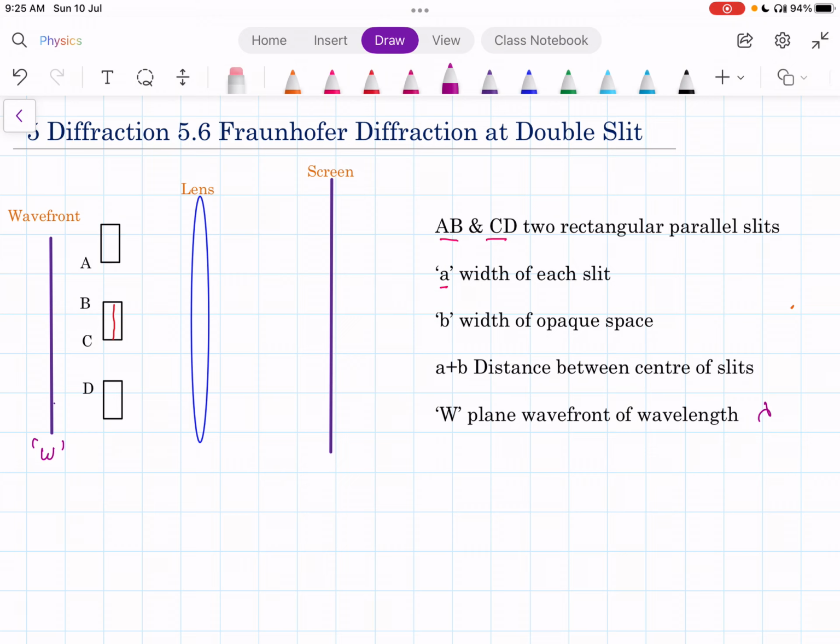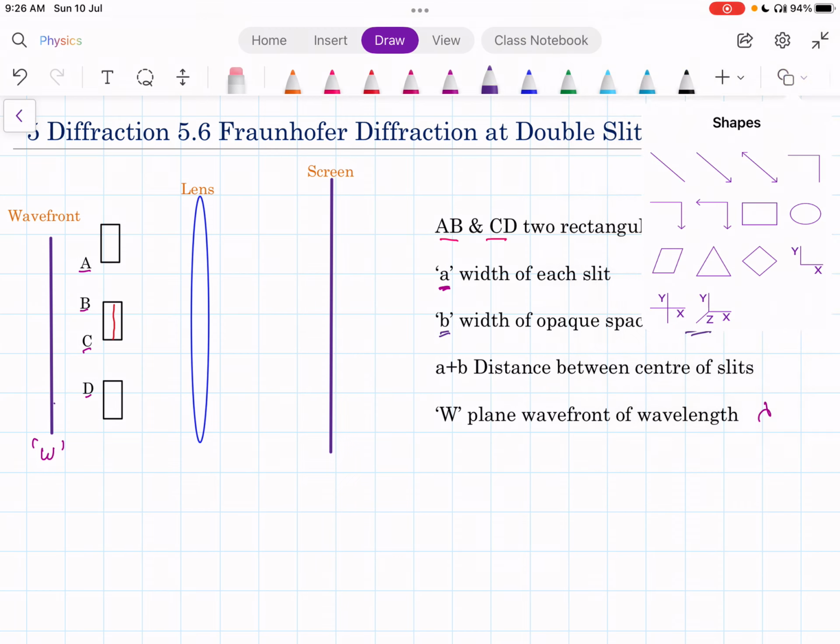And there are two slits now, AB and CD. These are the two slits which are rectangular slits, and these two slits are parallel to each other. The width of each slit is equal to small a, and there is an opaque space between these two slits, which is BC, and the width of that opaque space is small b.